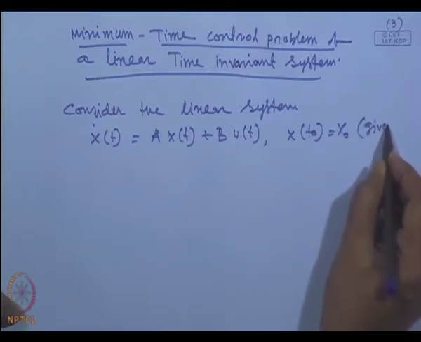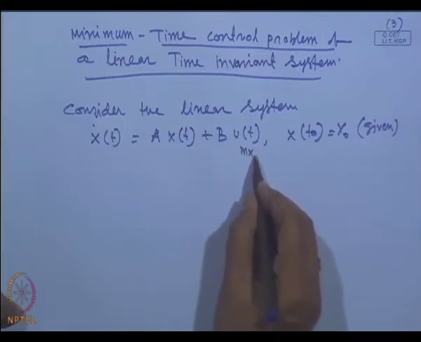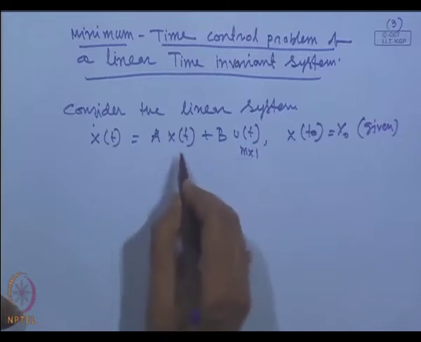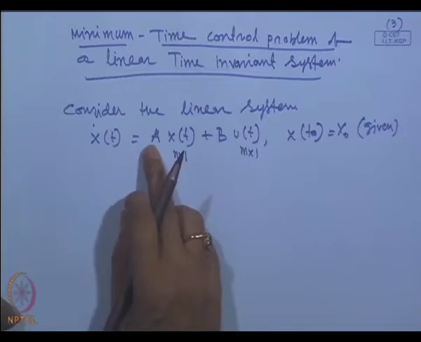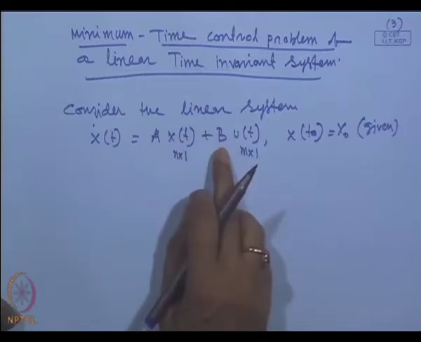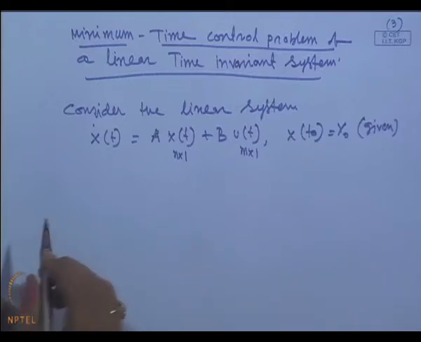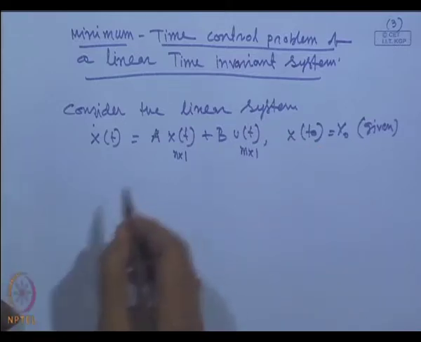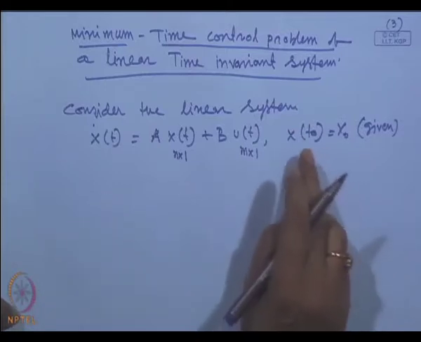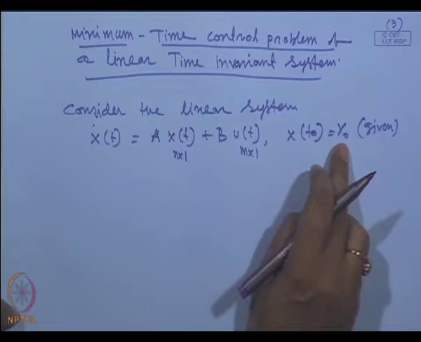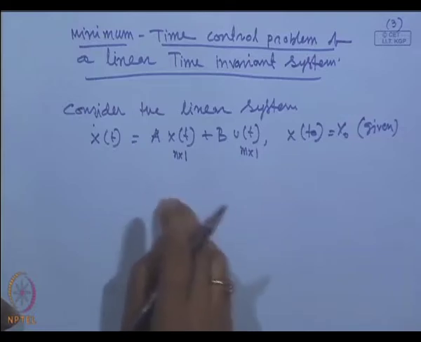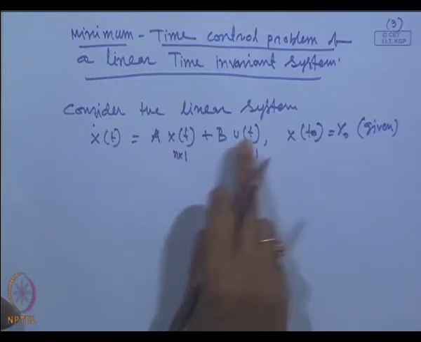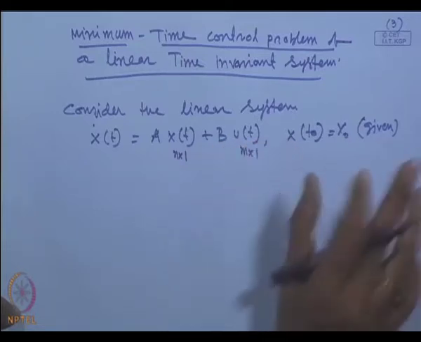Let us assume that the number of inputs is m and the number of states is n, and immediately we can find out the dimension of the system matrix and input matrix. So, our job is to transfer the state x of 0 to a final state x at t is equal to T f is xf, with the sequence of control, with the optimal control law, in a minimum time, that is all.